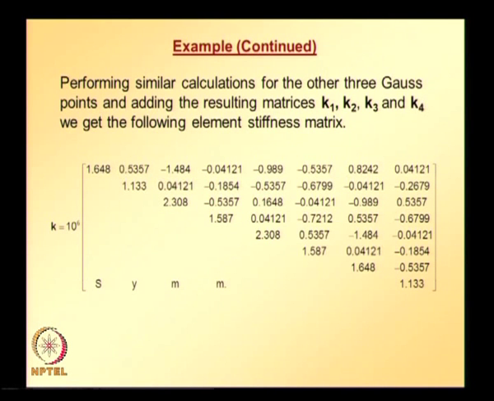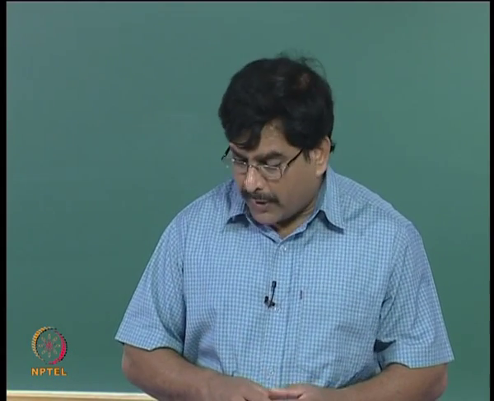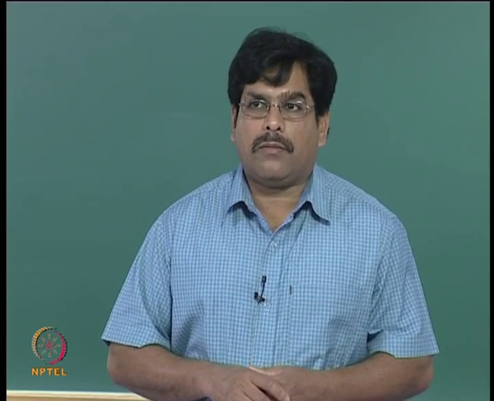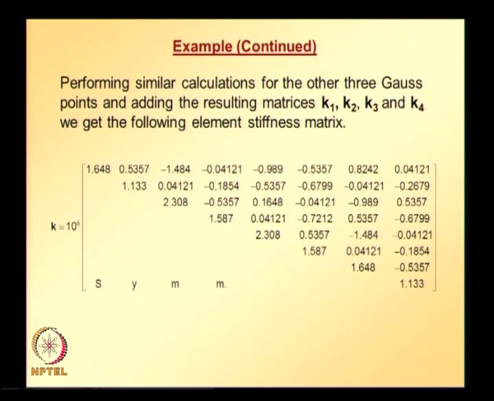There is not much involved as far as assembly of the equivalent load vector is concerned, because all the loads applied are concentrated loads. We only need to plug in the corresponding value at the appropriate location in the load vector. If you see this problem, there are 4 nodes, and nodes 1 and 4 are fixed.